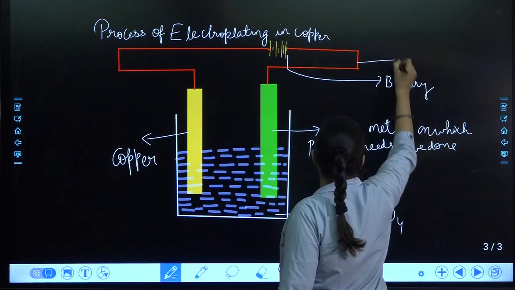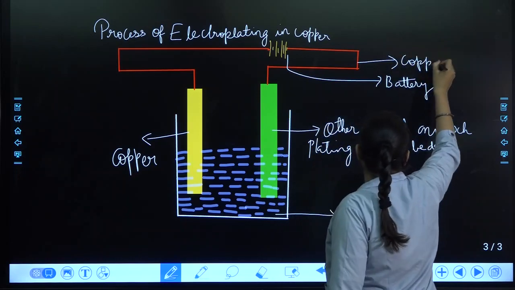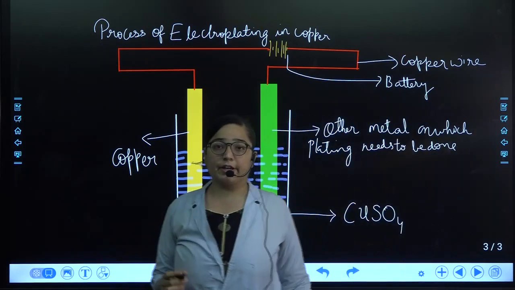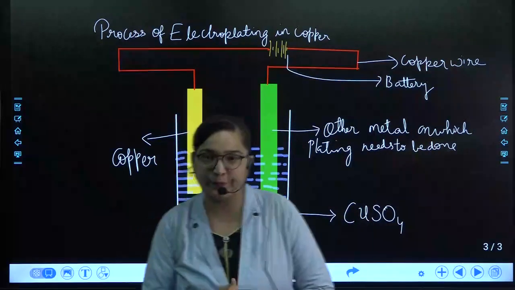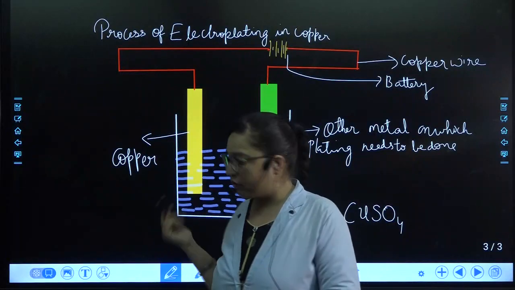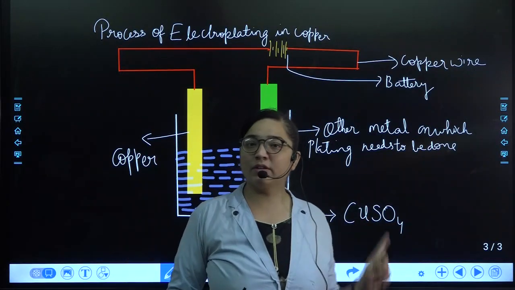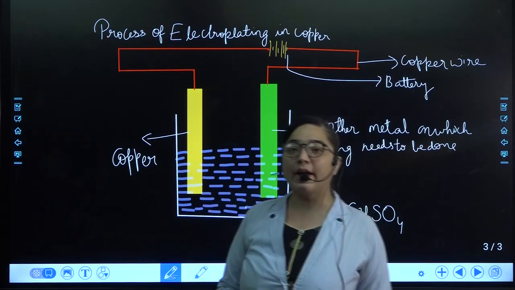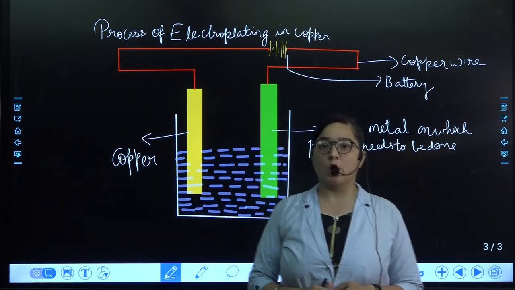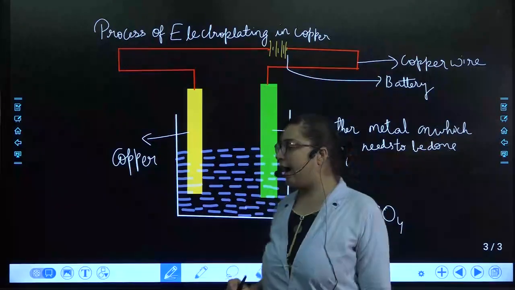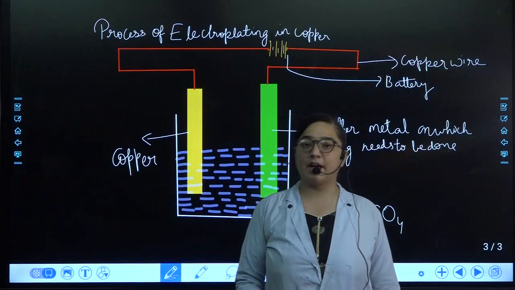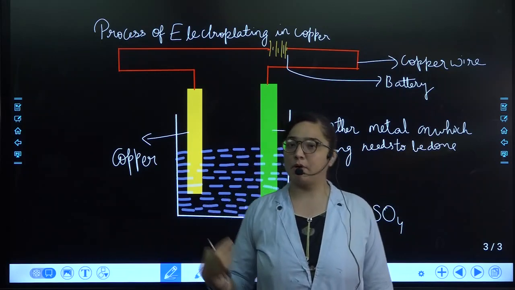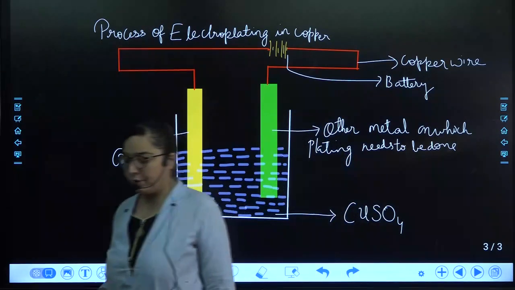And this is the copper wire. This is the diagrammatic view of the electroplating. First, note down this diagram. Then I will explain the entire process, and I will also make you write. So, please do not worry and just note down this diagram as quickly as possible. Be quick, note it.